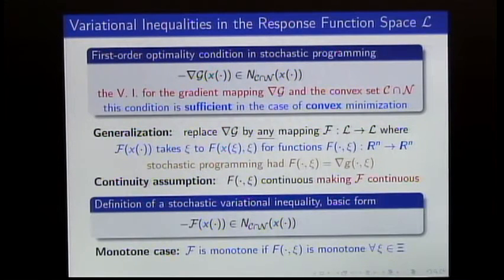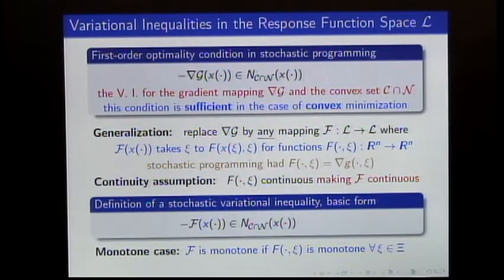And what would be the first order optimality conditions for this? This is all pretty standard and elementary, except people are not accustomed to thinking about it in the setting of the response function space. So it comes out as minus the gradient as applied to the decision element X should belong to the normal cone of the set C intersect N, because that's the set we are minimizing over.